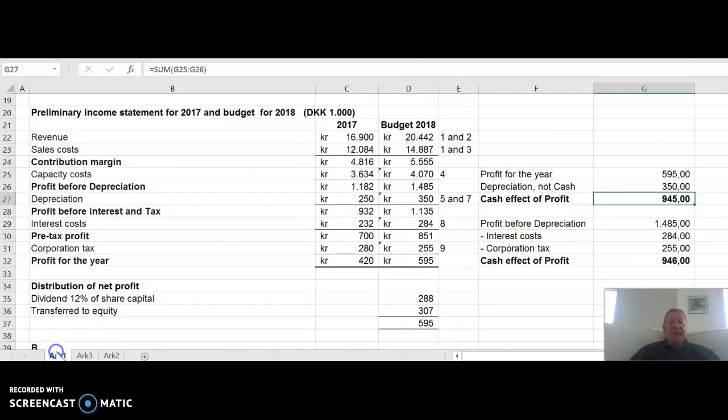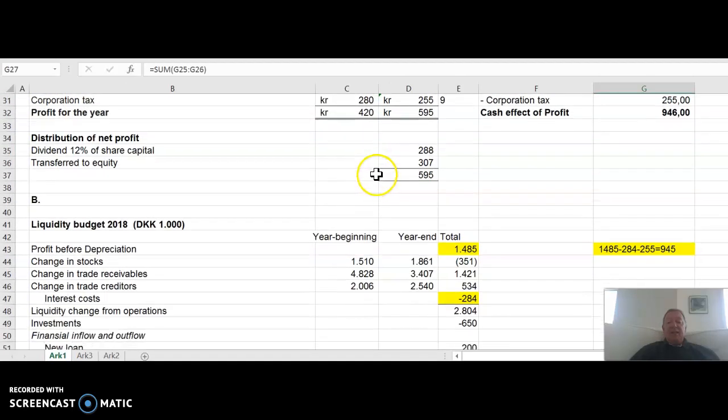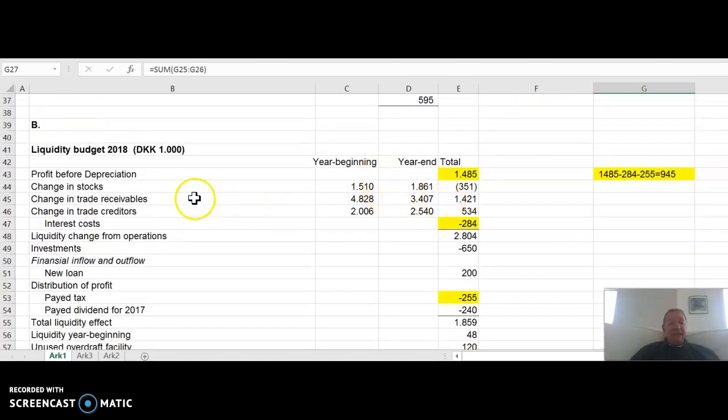If we go back and have a look here, we can see that the main reason is that trade receivables decreased. It is a plus for our liquidity because some of our customers paid during the year more than we expected, therefore 1421.